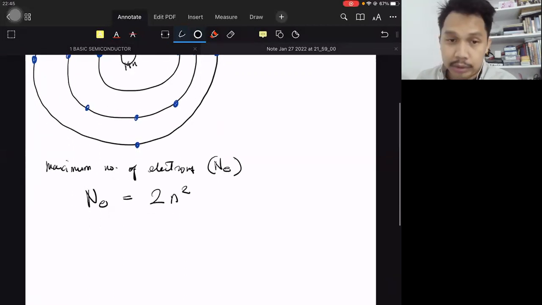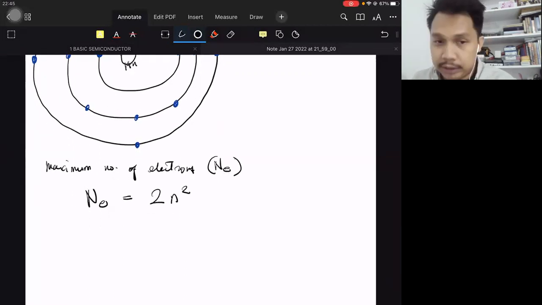Ne is equal to 2n squared, where n is the number of the shell.